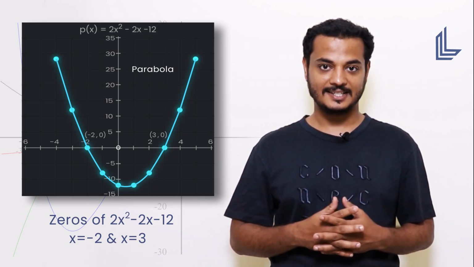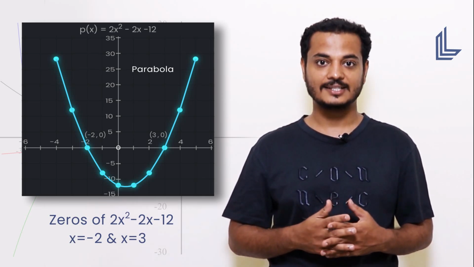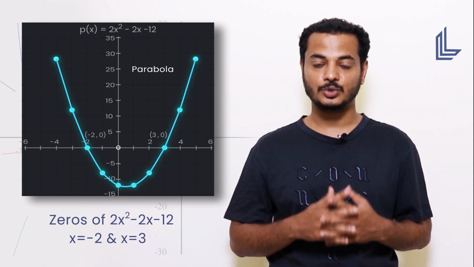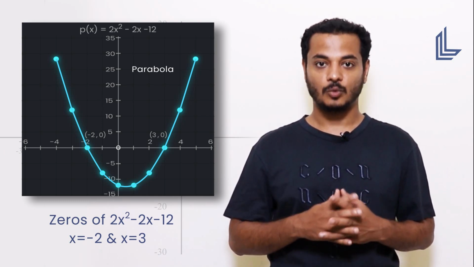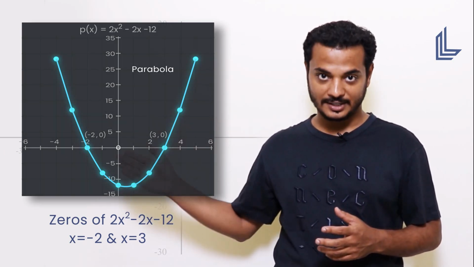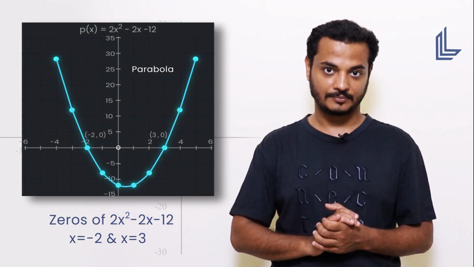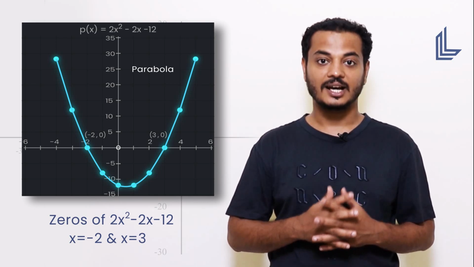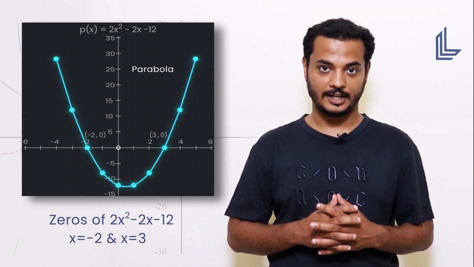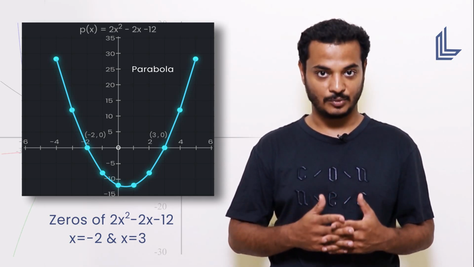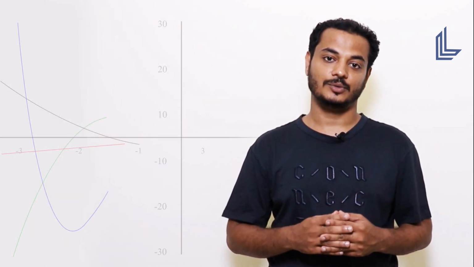We can clearly see that the parabola intersects the x-axis at 2 distinct points. One is x equals minus 2 and the other is x equals 3, which means there are 2 zeros for this quadratic polynomial, and that is x equals minus 2 and x equals 3.